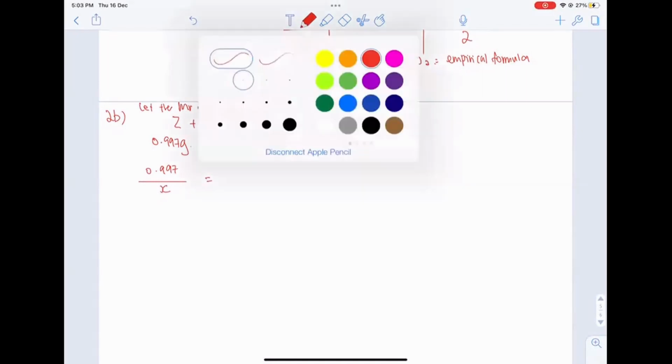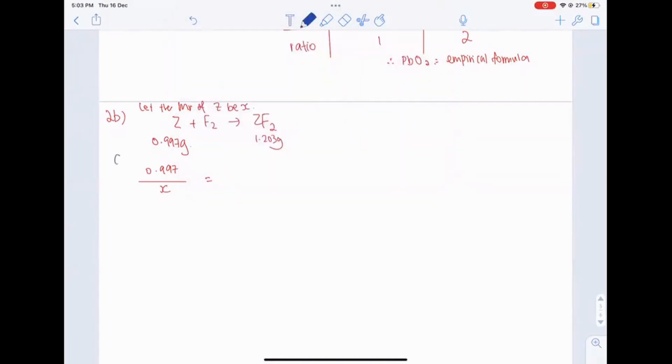So this represents, let me write in another color, the number of moles of Z. And then to get the number of moles of ZF2, it will also be mass 1.203 divided by MR. But it seems a little bit more difficult to do it this way.